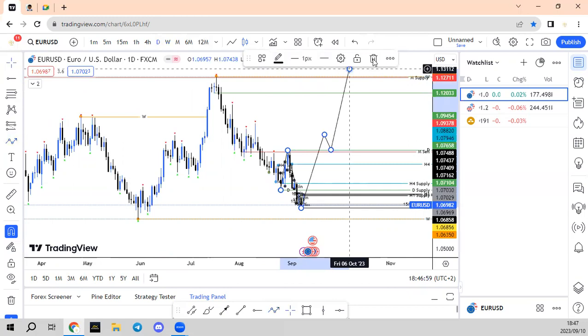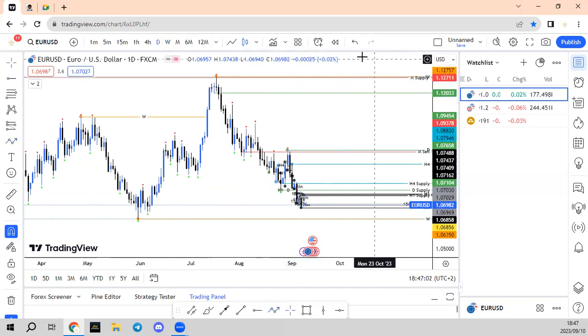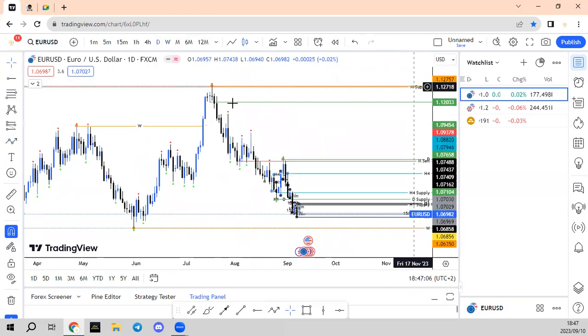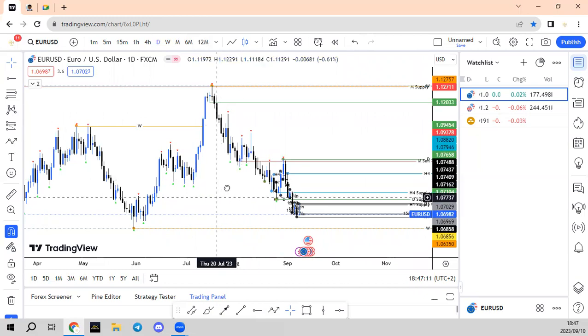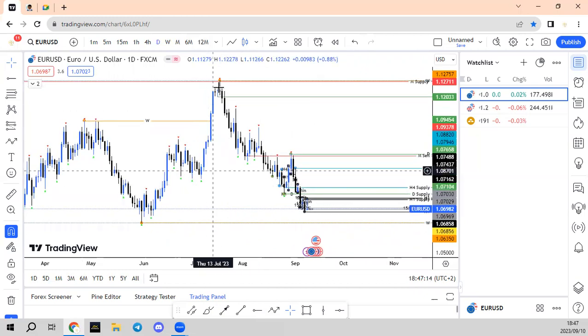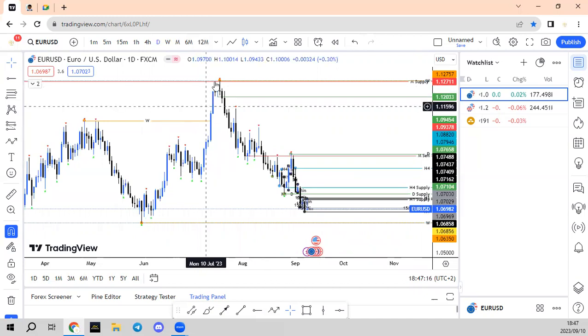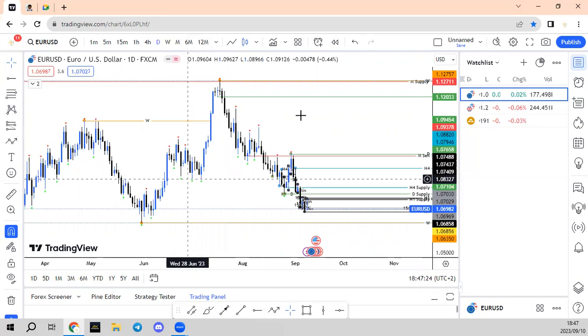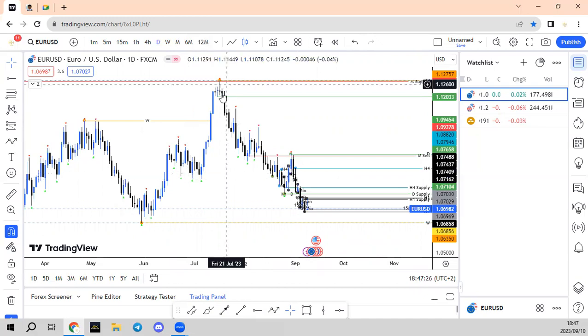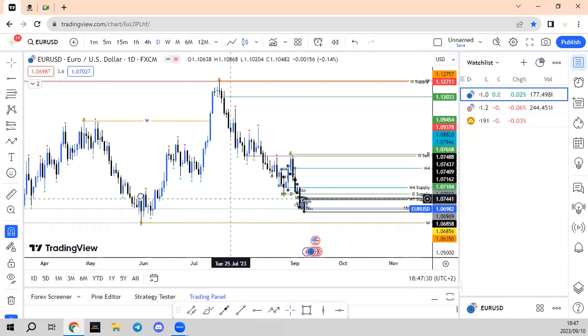For now, I'm not going to be looking for buys, since it's coming back from the monthly supply, and you can see that it's coming with momentum. So I'm not going to look for a sell since it's coming here. But if it didn't reach the monthly supply, you know how I mark my monthly supply, I would have been interested in buying. But since it's coming here and I see it's dropping like this, this might be a targeted low.